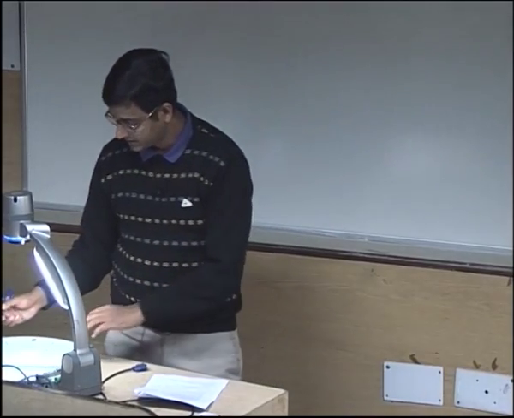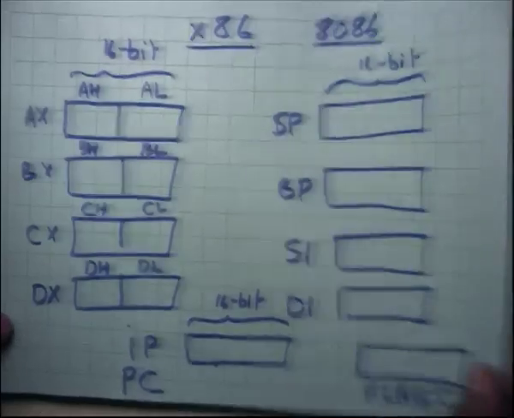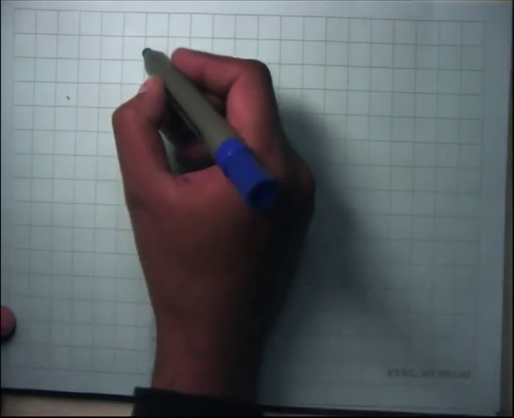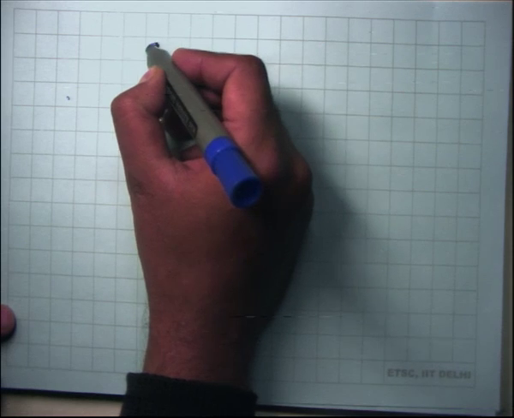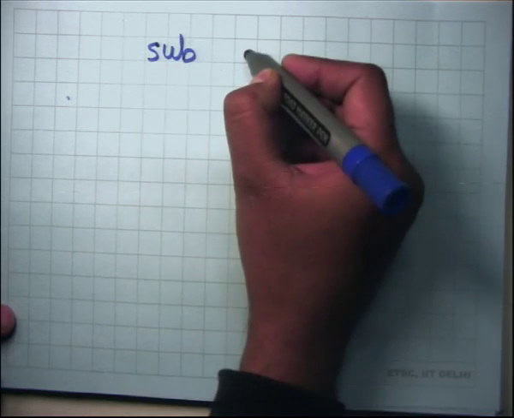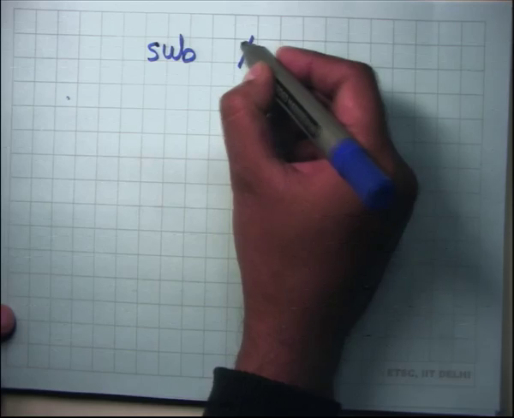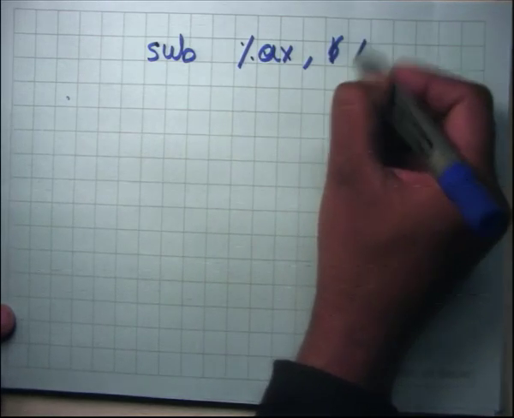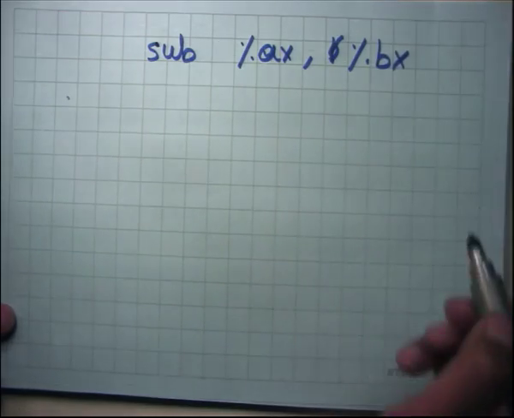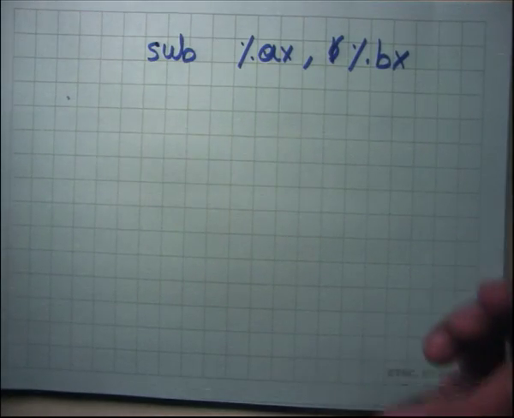The way you would typically do control flow is that you would execute some kind of arithmetic instruction. Let's say you executed subtract, and you said subtract %AX, %BX. I'm using some syntax here.